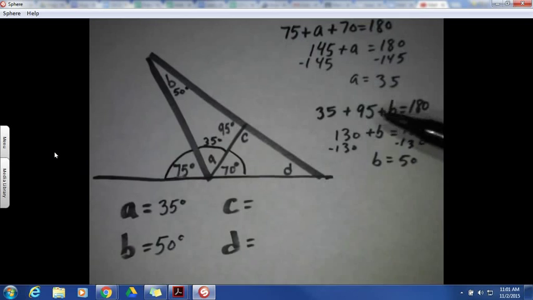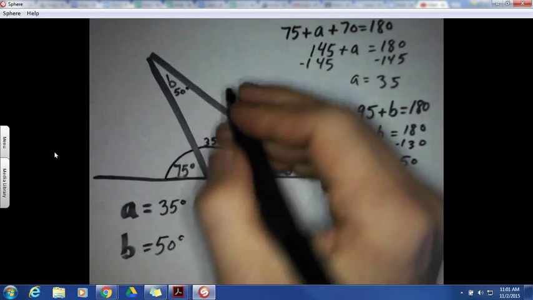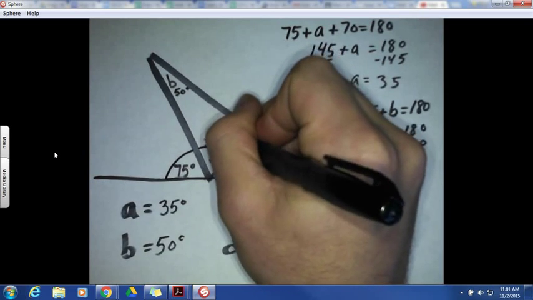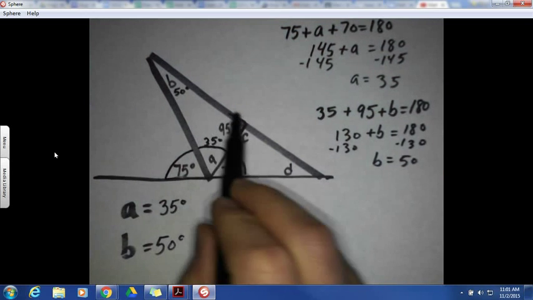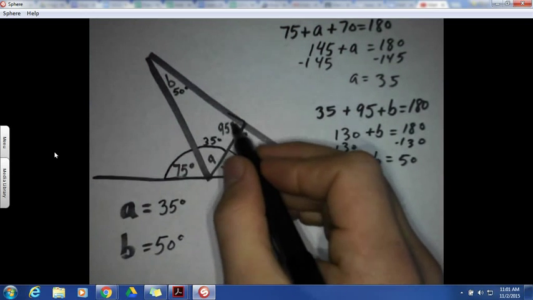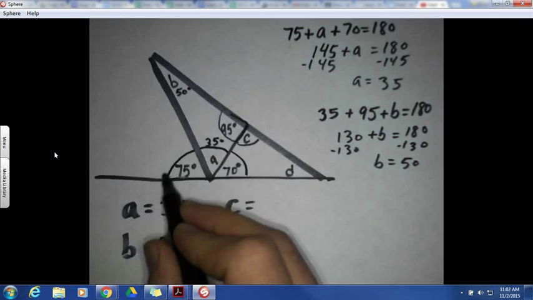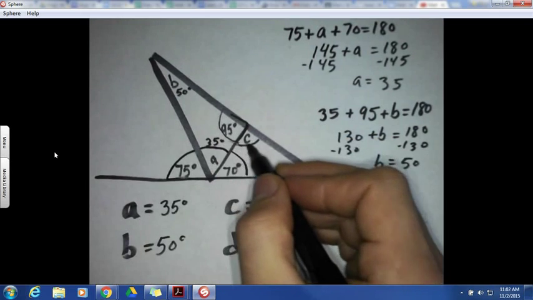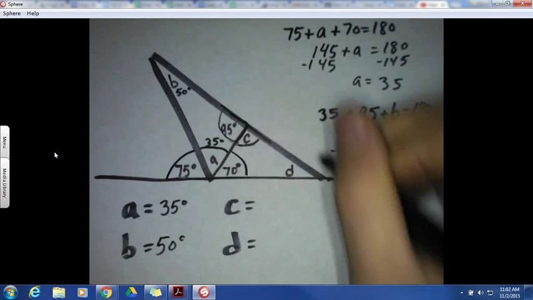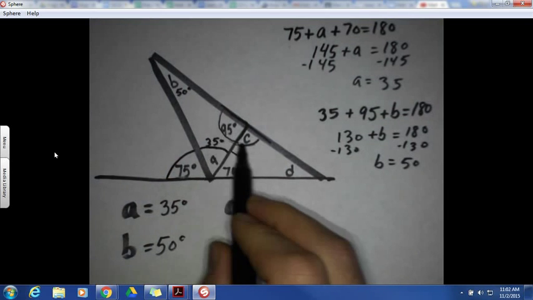Now let's look at C here. We have an angle right here, which is 95 degrees, and then an angle right here, which we don't know. Together, again, just like down here, they form this half circle. They make this straight line. So we know that these are supplementary angles.